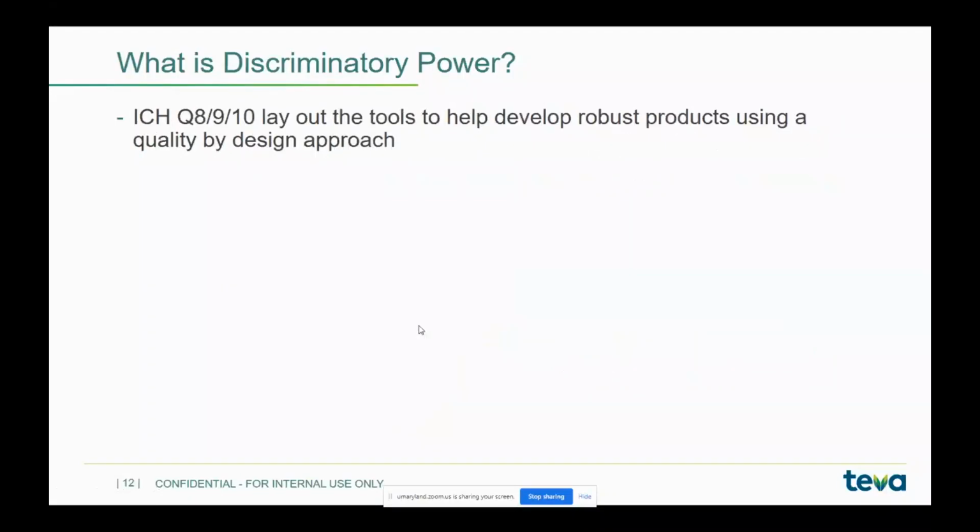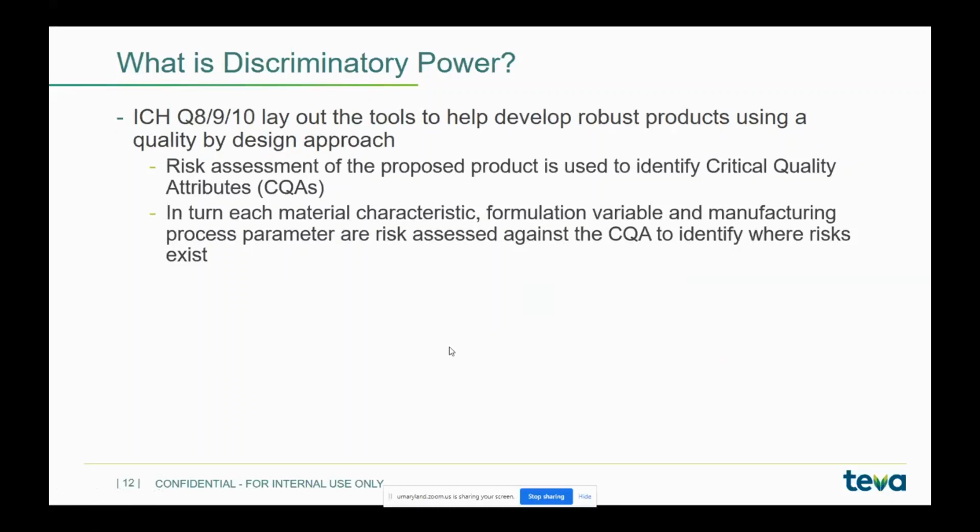Those people and yourselves should come together using the tools that are laid out in ICH Q8/Q9 in terms of risk assessment of the product, and use this quality by design approach to understand the risks as you move through the process and identify how those risks can affect your critical quality attributes. Now, we'll focus here today obviously on the drug release, or IVRT.